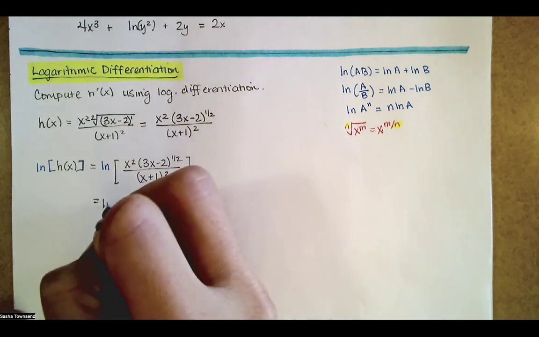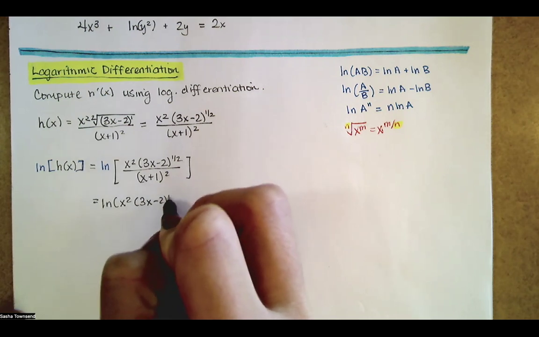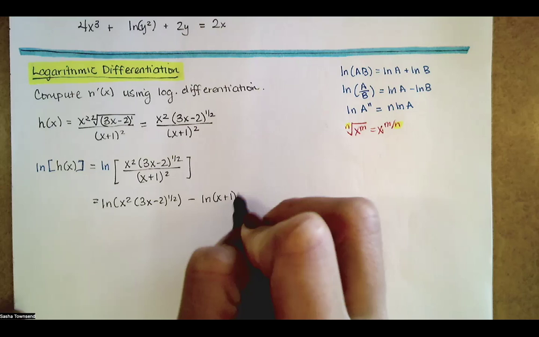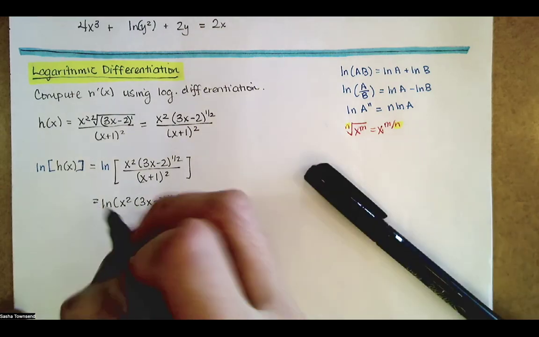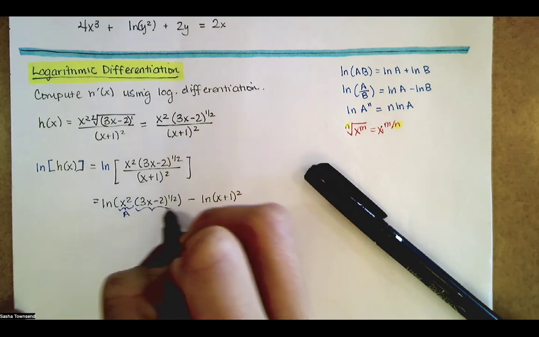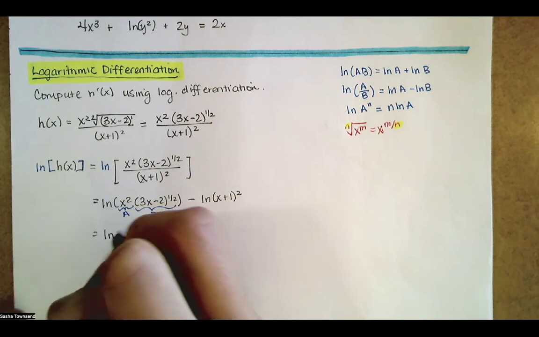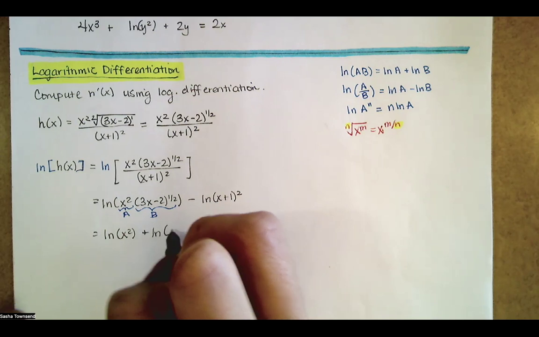So we take the log of the numerator and we subtract the log of the denominator. And then to simplify this, we notice that we've got a product. This would be our A, and this is our B. The log of a product is the log of A, the log of that first factor, plus log of the second factor.